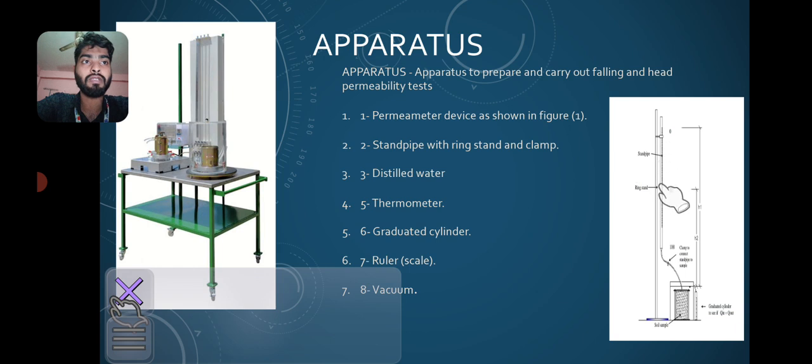This is the ring stand and clamp. Then distilled water, a thermometer, a graduated cylinder. This is the graduated cylinder, and a ruler scale. This is the ruler scale, and last of all is a vacuum.